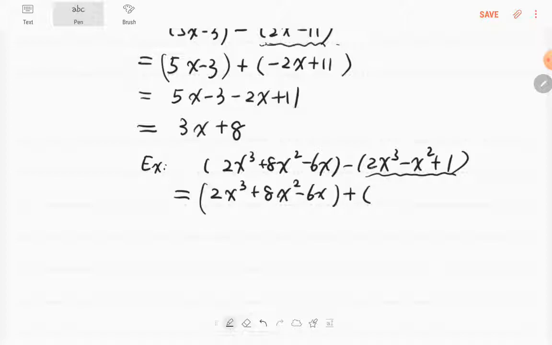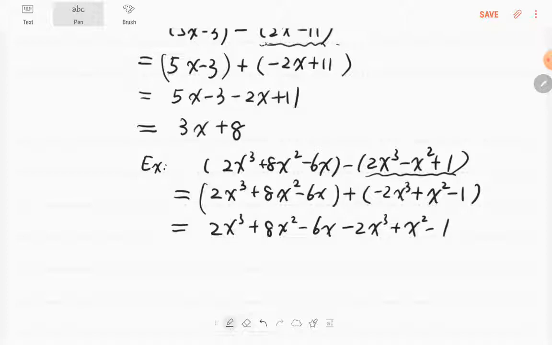So the opposite of 2 is negative 2. The opposite of negative 1 is just positive 1. We could still ignore the 1. Then the plus 1, we can treat it like negative 1. Okay?